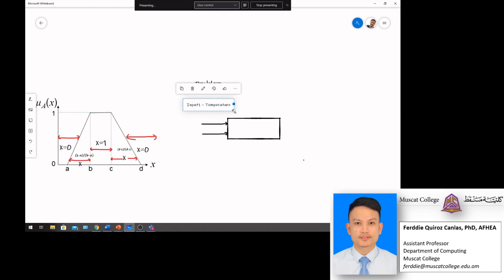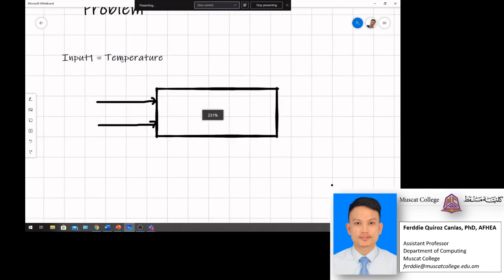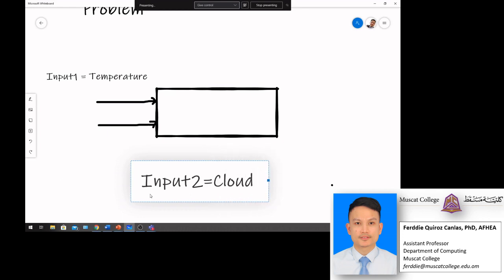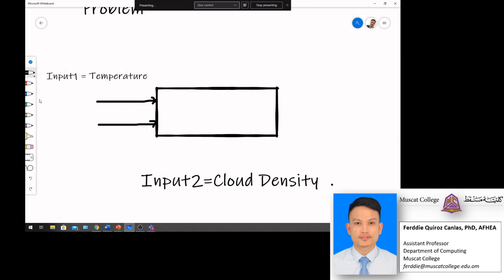The second input is about the weather, the cloud. How do we call this in Arabic? If it's cloudy or not. So let's just call it cloud, or the density of the cloud. So this is your second input.